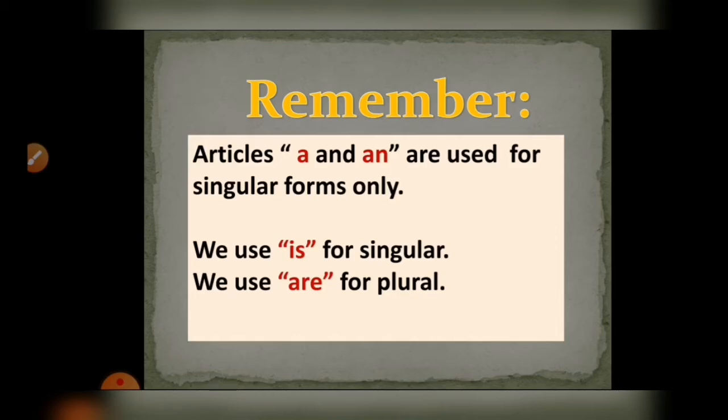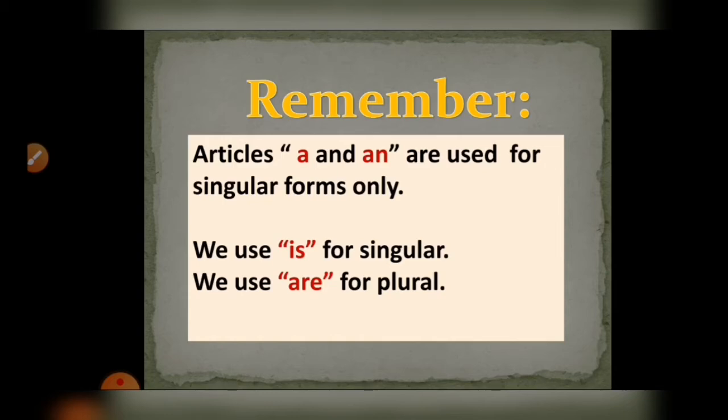So for example, he. When you say he, it's only referring to one person. So he is standing. I'm talking only about one boy. Next, the word we is referring to 2 people or more than 2 people.